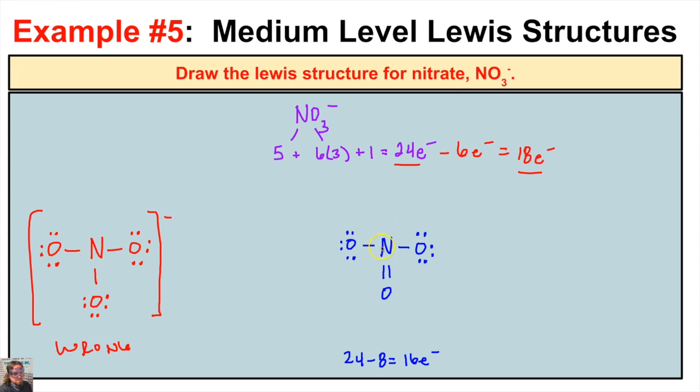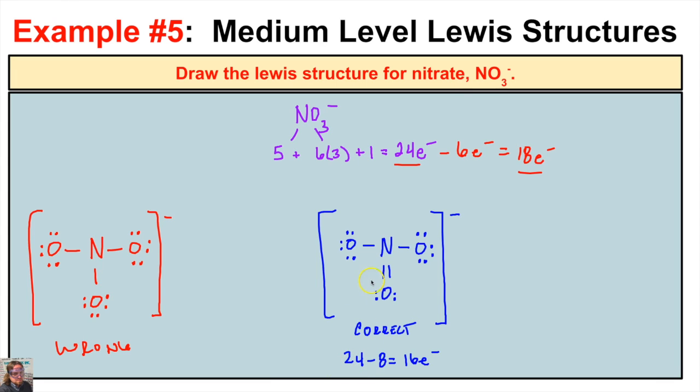Well, if we take a look here, this nitrogen has 2, 4, 6, 8 electrons surrounding it now, so we don't need to place 2 up here. However, this oxygen only has 2, 4 surrounding it, and it's going to need 4 more electrons. And so, if we take a look at this Lewis structure right here, this should be our correct Lewis structure for nitrate. Let's count them up.